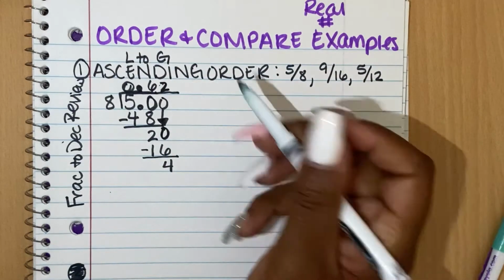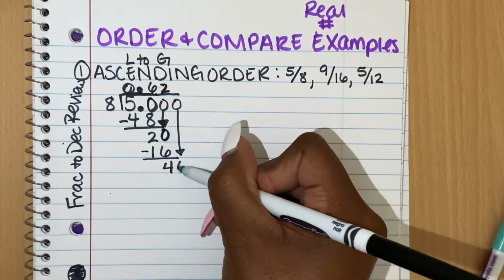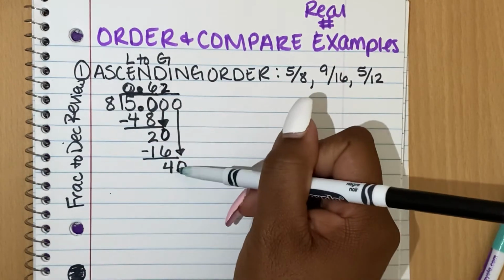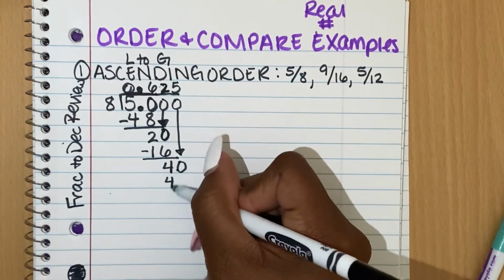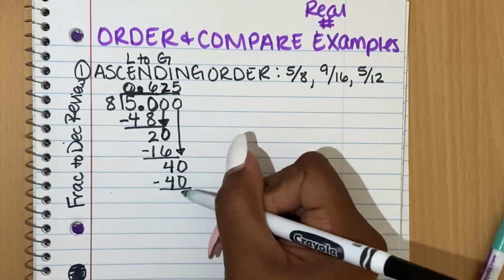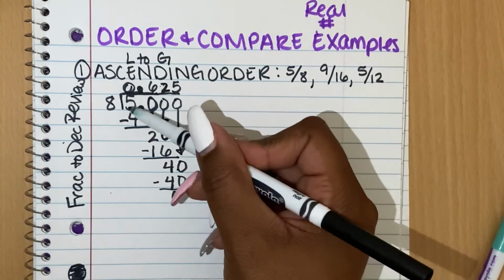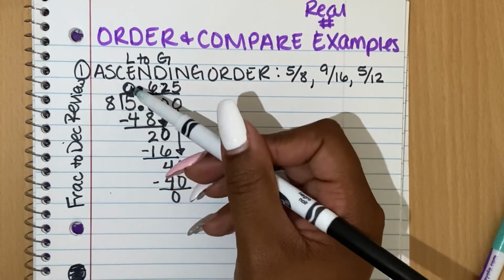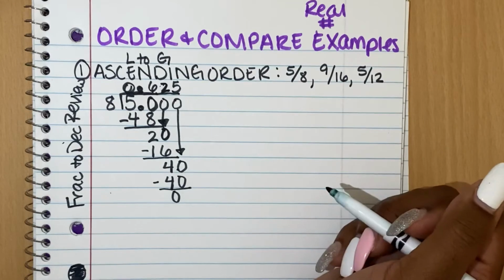I still have a little bit to go. Add a 0. Bring it down. How many times can 8 go into 40? 8 can go into 40 5 times. 5 times 8 is 40. When I subtract, I get 0. Done with that problem. 5/8 is equivalent to 0 and 625 thousandths.